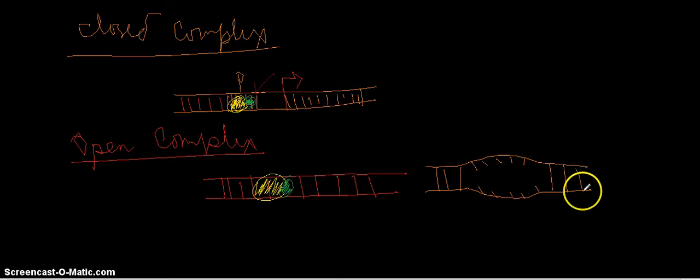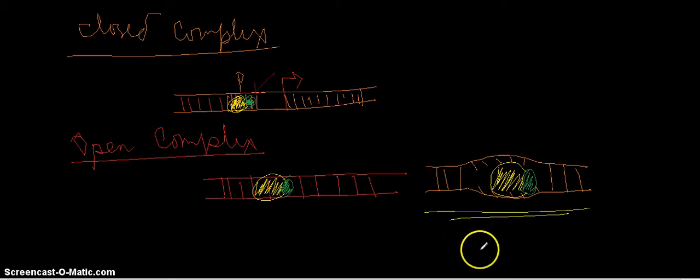And so here my RNA enzyme, this is the sigma factor, and this is the core enzyme portion. When the double strand has been opened and these hydrogen bonds have disintegrated, this kind of complex is called the open complex.